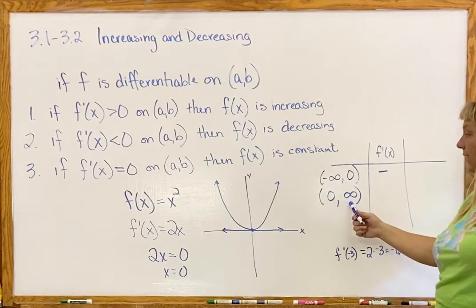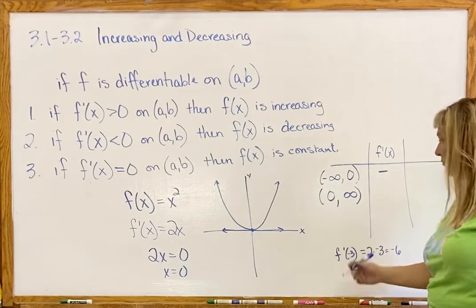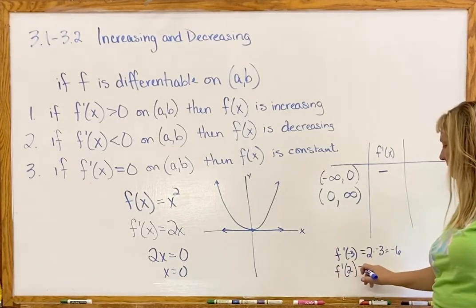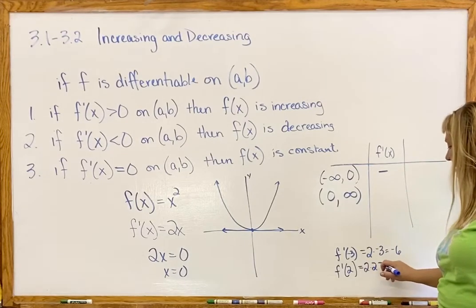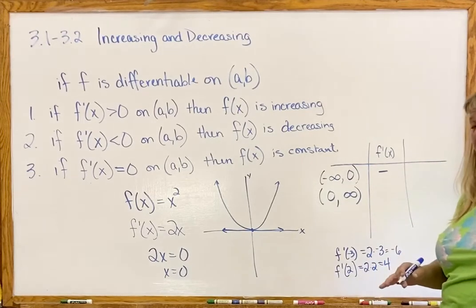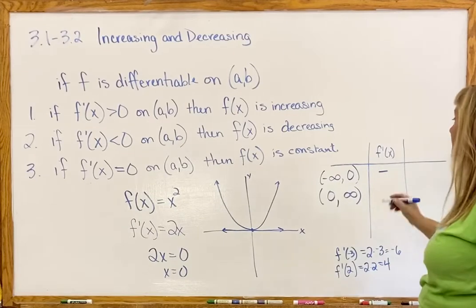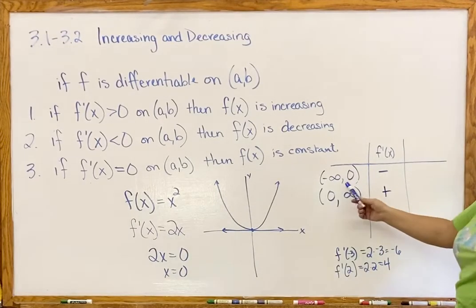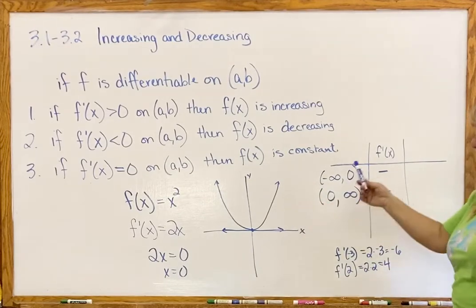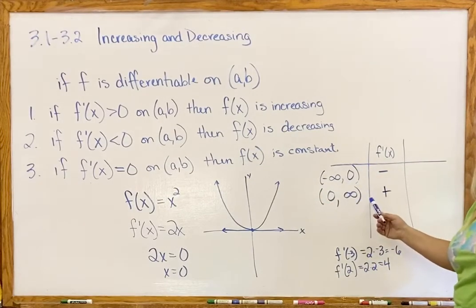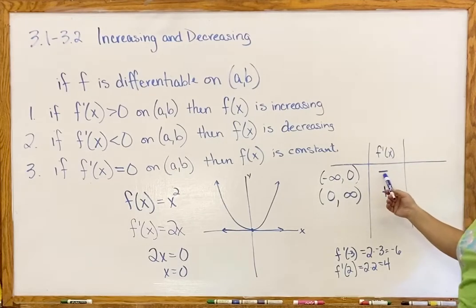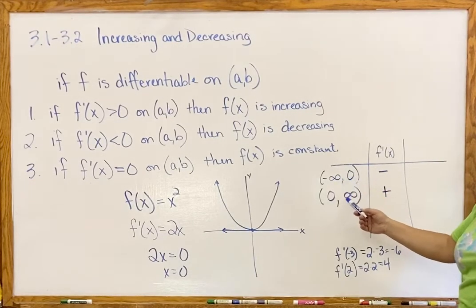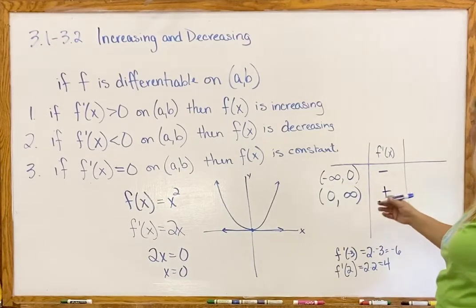Now, we're going to take a number from this interval, let's say positive 2, and plug it into the derivative. And we end up with a positive 4. But again, 4 is not as important as the positive sign. So we've decided, not from the graph, but from the interval and the derivative, that the derivative is negative from negative infinity to 0, and positive from 0 to infinity.